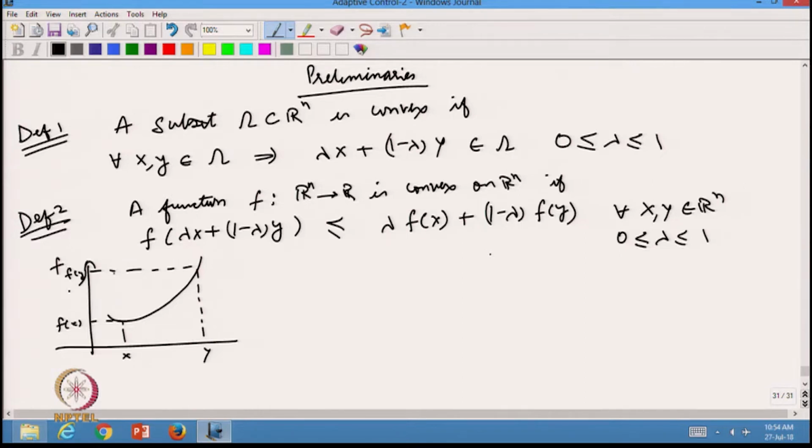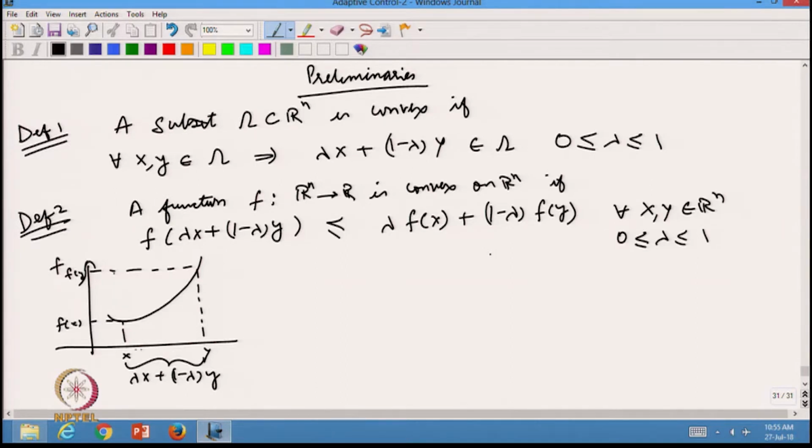So this function is convex if all the points on the line joining x and y, which is denoted by lambda x plus 1 minus lambda y. So as we change lambda, we get these different points between x and y.